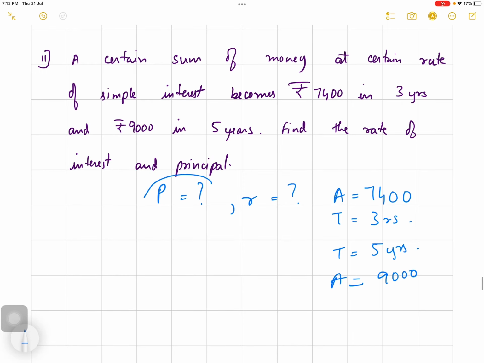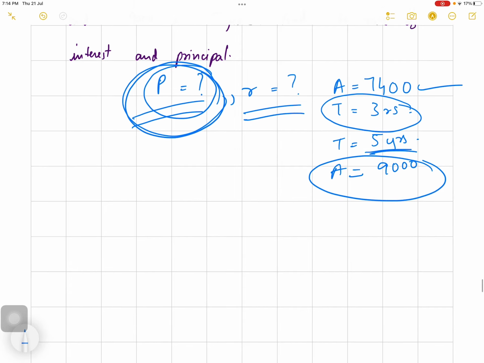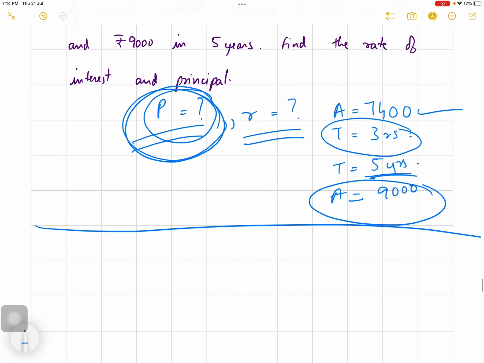So a certain amount if we keep for 3 years will become 7,400. A certain amount if we keep for 5 years will become 9,000. The rate of interest is not given, the principal is also not given. So I'll just write like this.